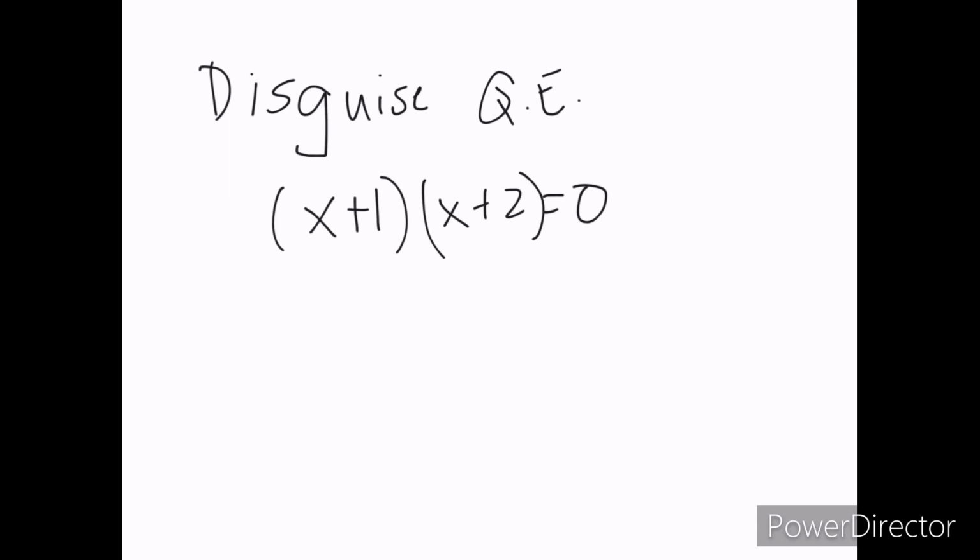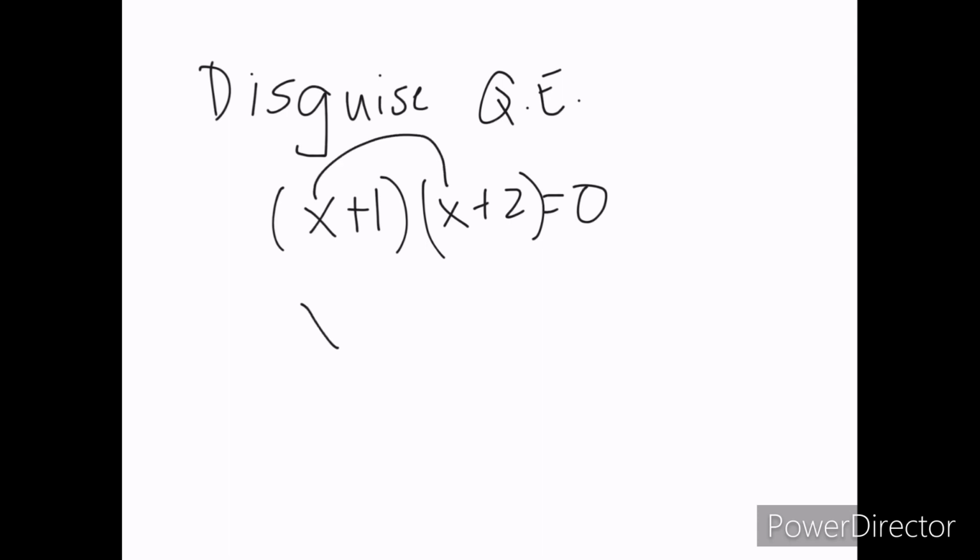As you can see, it is not written in quadratic form or standard form, but it's a combination of two linear terms or two linear equations. So how can we identify if it is quadratic? Of course, by multiplying binomials.